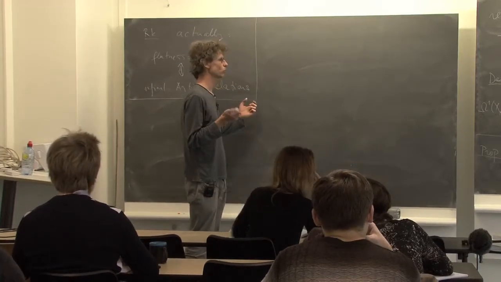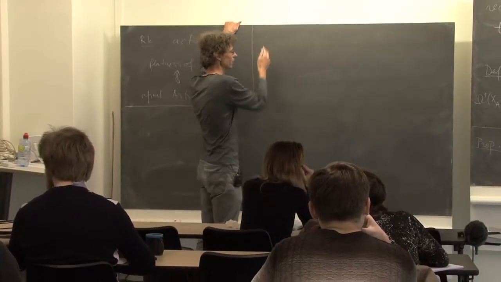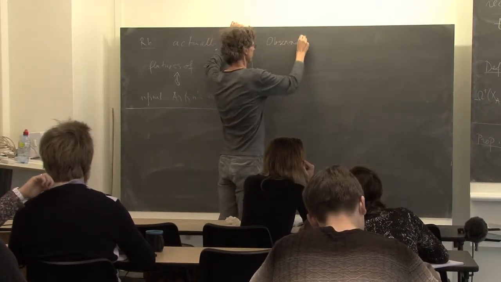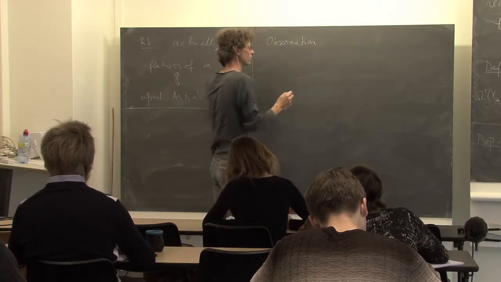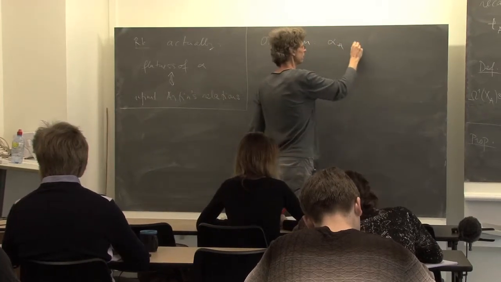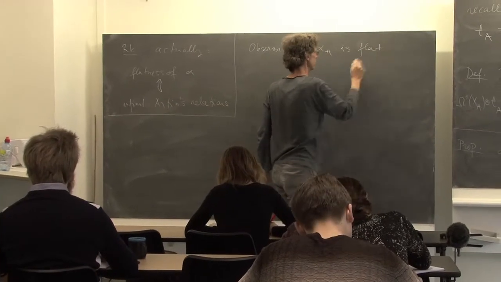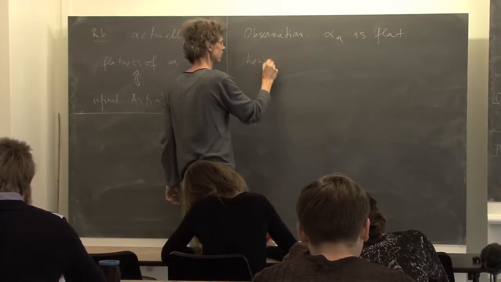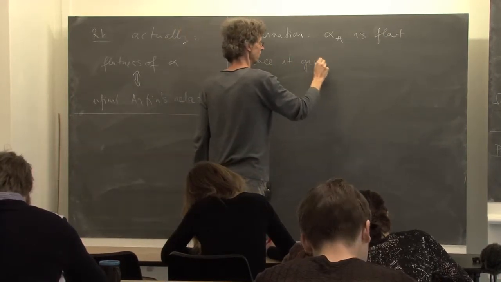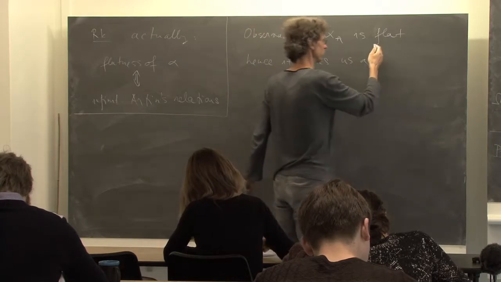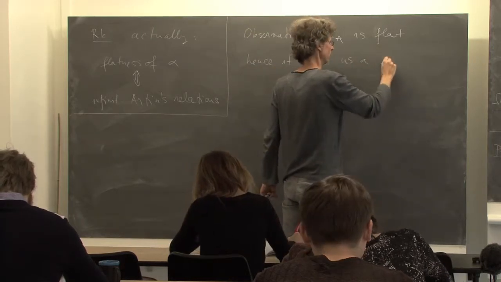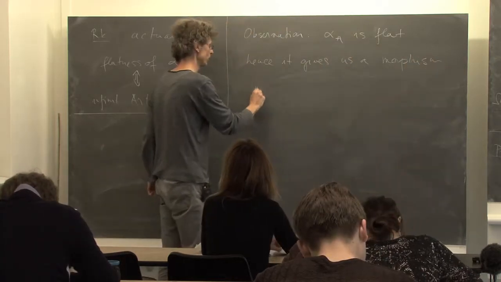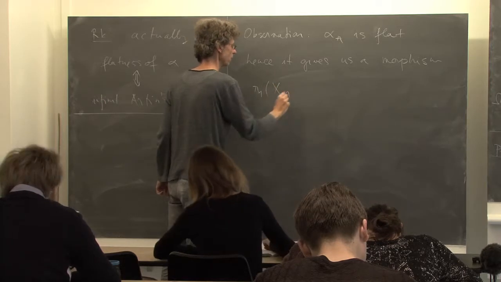So, first observation: this alpha A is flat, so it gives us a representation, a homomorphism, from pi 1 of Xn.